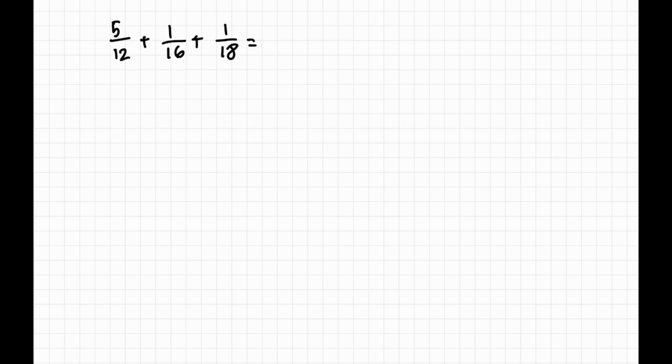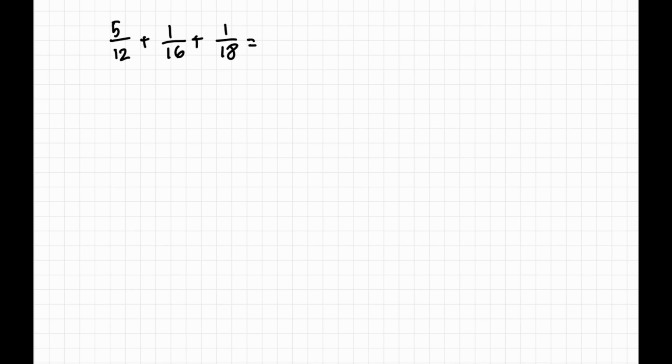Like finding the common denominator of these two first and then the result of that with 18. But it's better if we can do it all at the same time, right? So using both methods, we can do that.